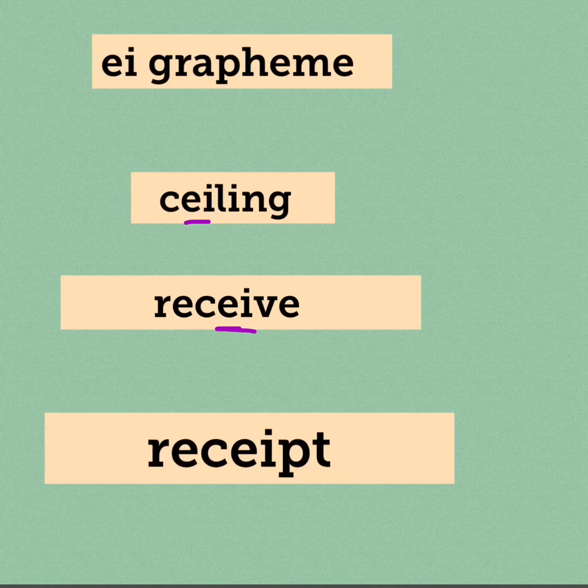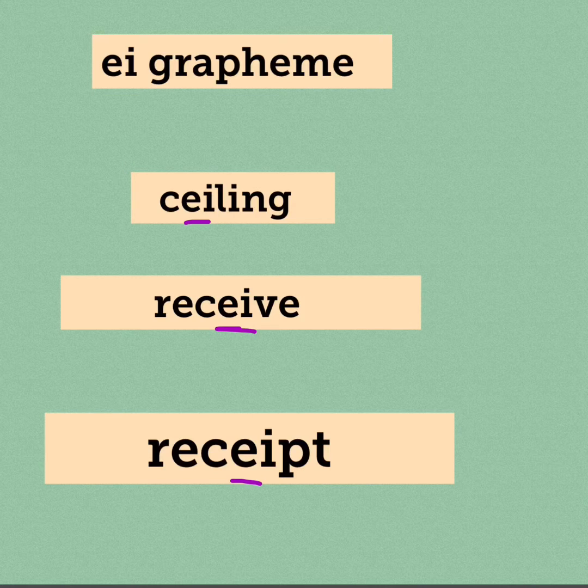And that EI represents a long E sound. First one, ceiling. I noted 2 or 3 of you actually found that in the text. You read about Mrs. Cole and you picked out that word ceiling, and I was incredibly impressed that you spotted that.